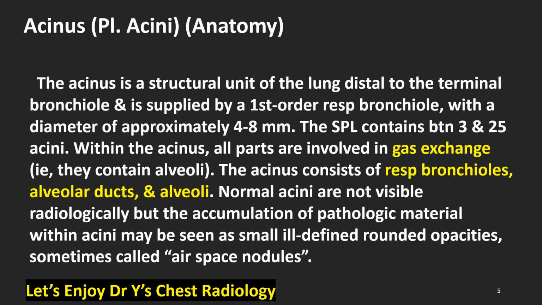The acinus consists of respiratory bronchioles, alveolar ducts, and alveoli. Normal acini are not visible radiologically, but the accumulation of pathologic material within acini may be seen as small, ill-defined, rounded opacities, sometimes called airspace nodules.